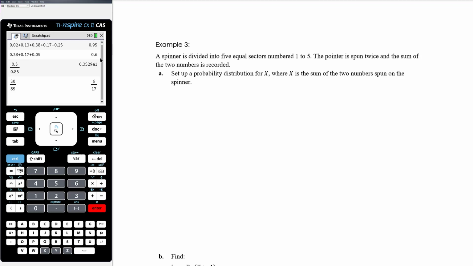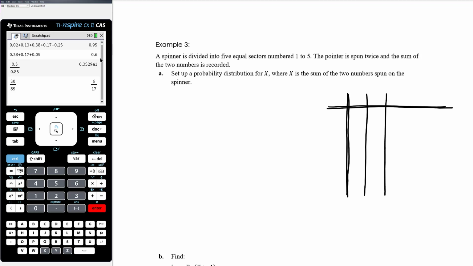So in this case, I'm thinking I would use a table here just to think about, and I don't mean a probability distribution table, I mean a table like this to think about the possible options. Okay, so I'm just going to double that one up. So if we spin the spinner twice, it could be the numbers 1 to 5.